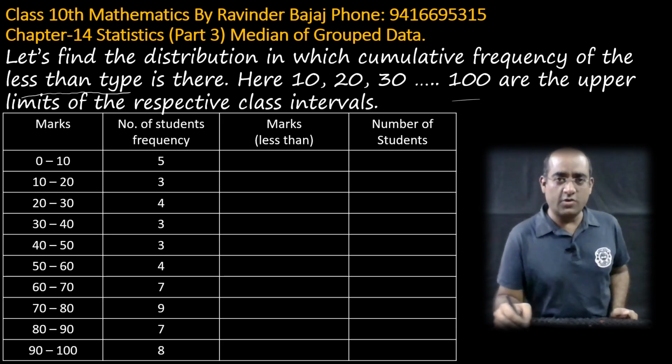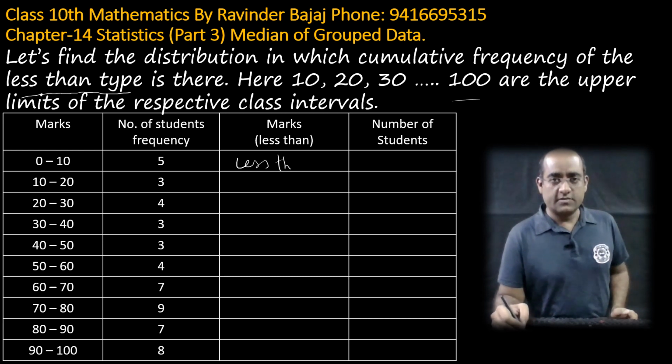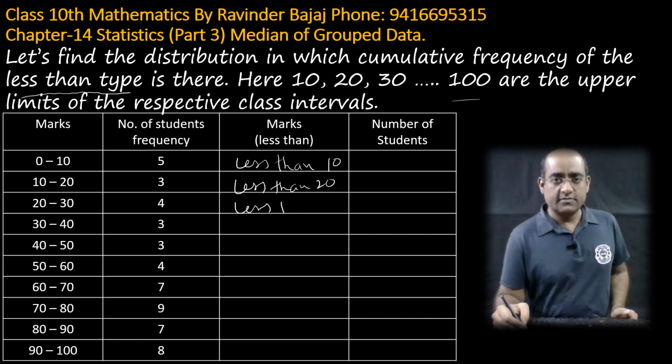Let me find this column for you: less than 10, less than 20, less than 30, and so on. In the same way, number of students, this is cumulative frequency, CF.